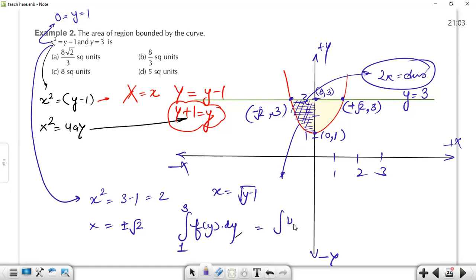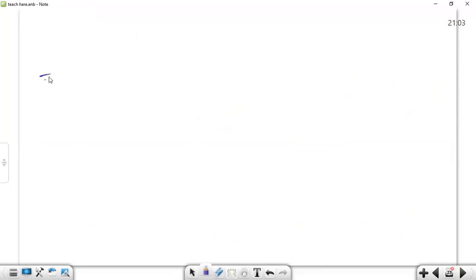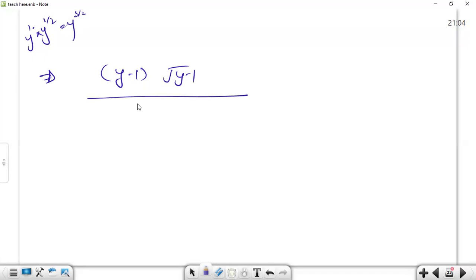Now the integration of square root of y minus 1 from 1 to 3 dy. Now we know the power will get half plus 1. Same goes for this. Limits 3, 1. y minus 1 into y minus 1 raised to power 3 by 2, so it gives y minus 1 raised to power 3 by 2.